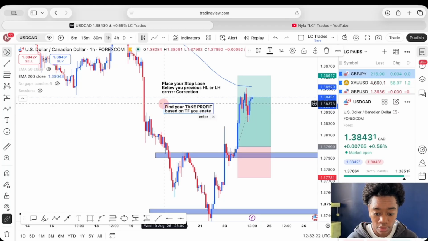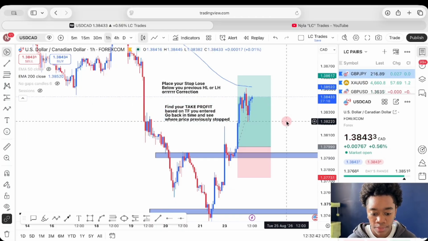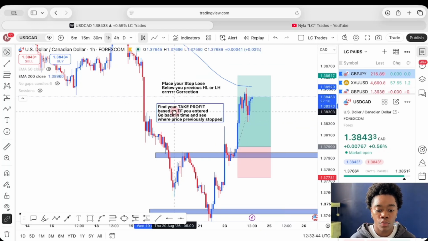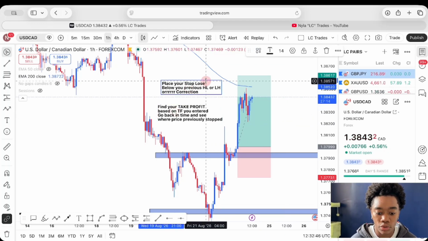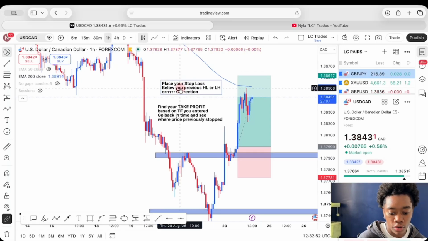TF is time frame entered, and go back in time and see where price previously stopped. Okay, boom, very important with your stop. Look at that, stop loss. What am I talking about? Am I okay? Stop loss and take profit, very important notes, right?